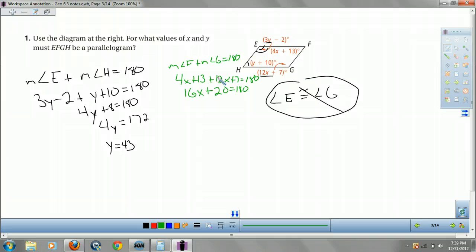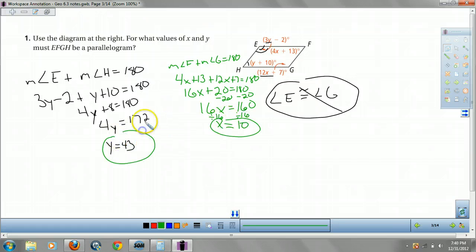Or I can rewrite this using my fancy math skills: 16x equals 160, subtract 20. So x equals 10 divided by 16. There we go. That's all there is to it, guys. Easy peasy, lemon squeezy.